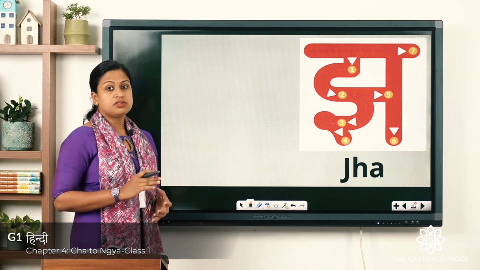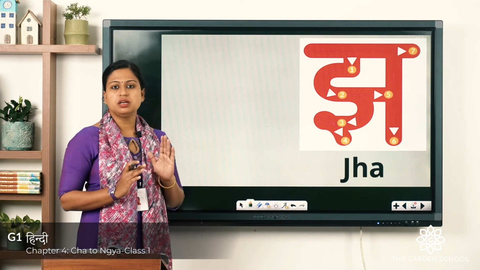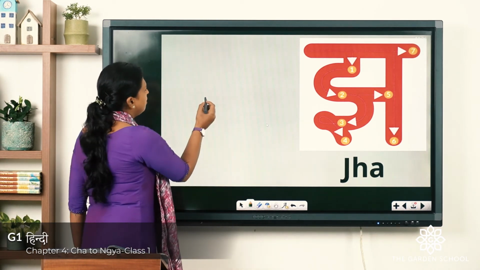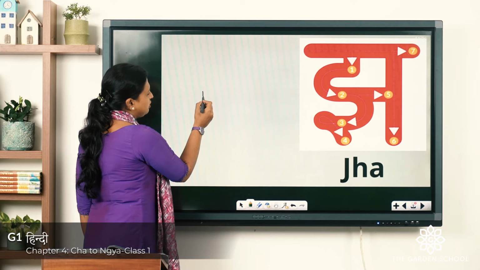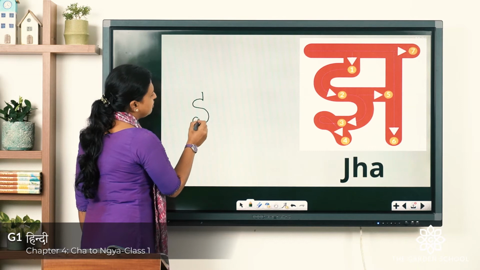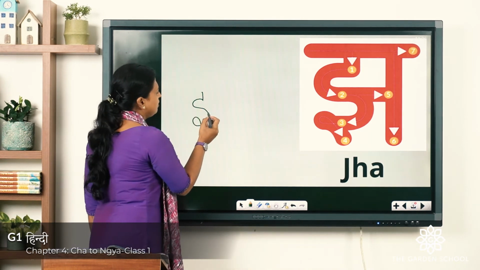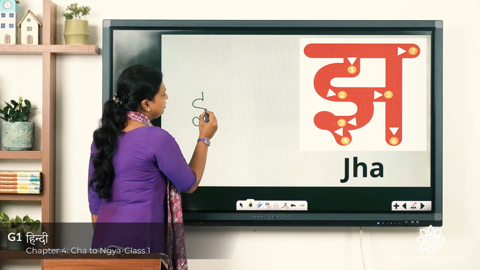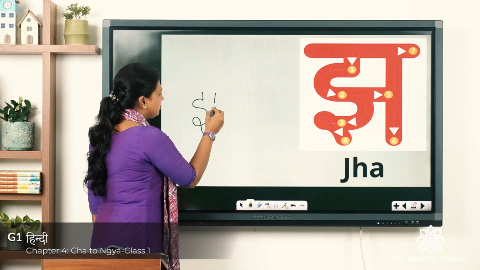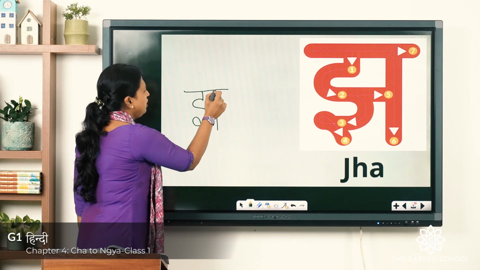Next Vyanjan letter is jha. Before it was ja. Now it is jha. Here you can hear the sound of H. Let's see how to write it. First, small short straight line. Then you have to write S and it comes down. You remember how we wrote E? It's the same way. Then here you have to draw a short sleeping line, then standing line and sleeping line on the top.